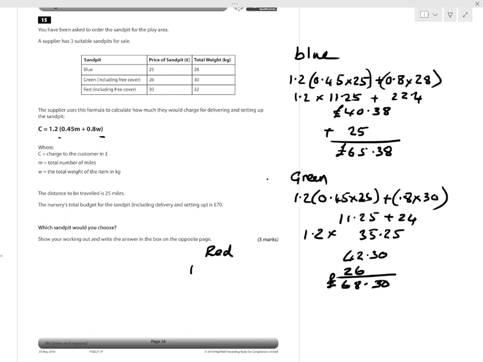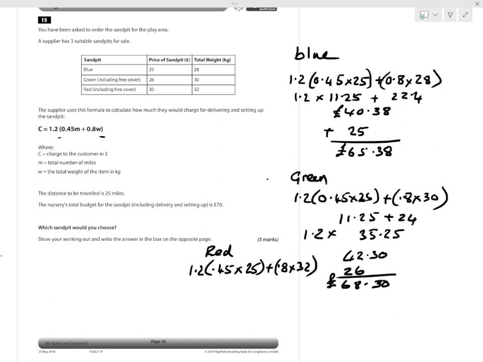And the other colour is the red one. So we've got 1.2, 0.45 times 25 plus 0.8 times 32.